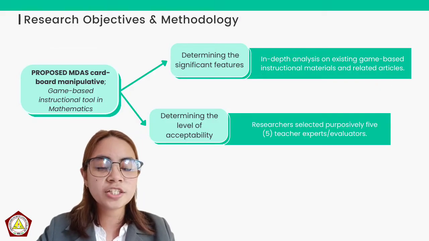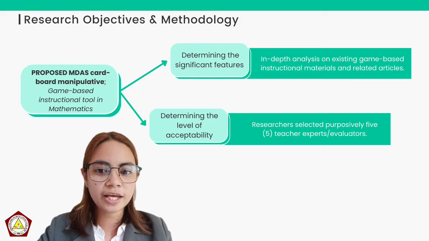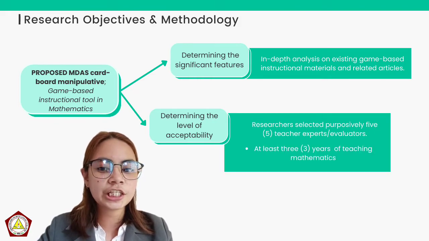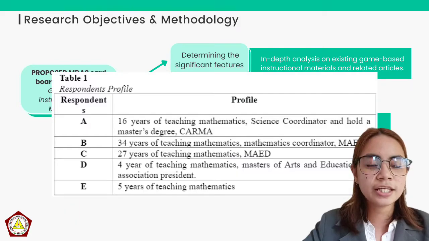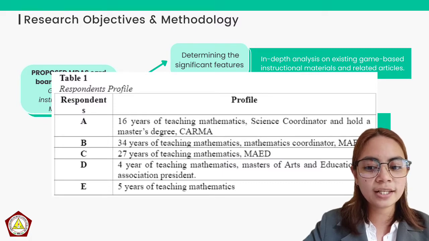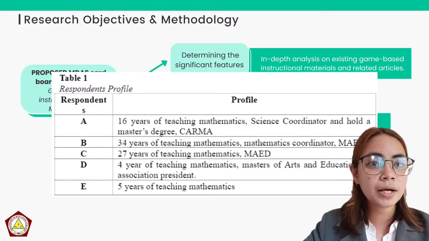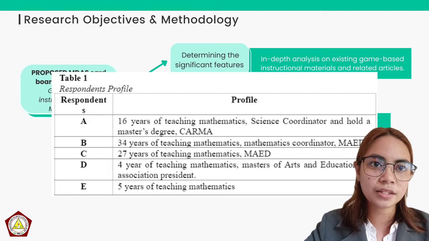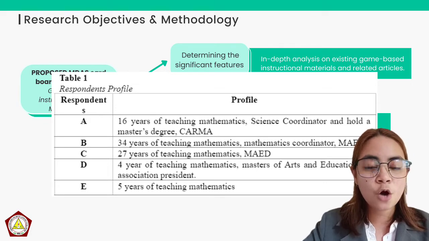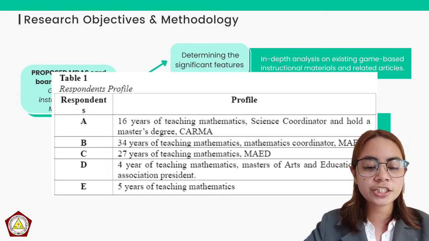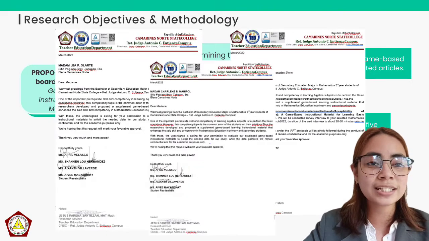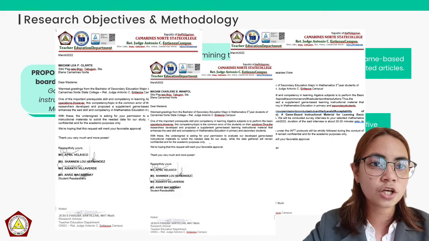Researchers also purposefully selected expert respondents with at least 3 years in teaching mathematics. And this is the respondents' profile. There are 2 teachers and 3 master teachers who teach mathematics for more than 3 years. For ethical consideration, the researchers also used a request letter consent to the respondents of the study.